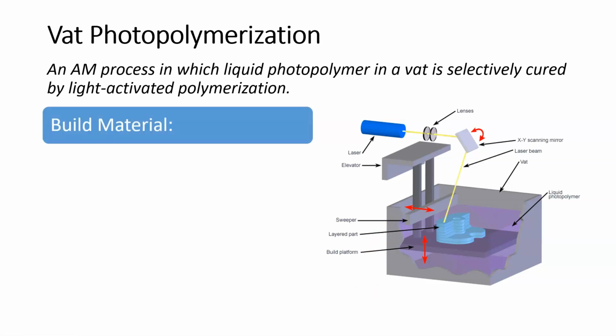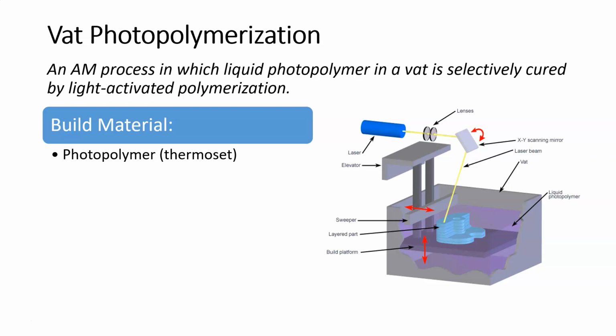The build material for the vat photopolymerization process is going to be a photopolymer, right? A photopolymer is a thermoset. Remember that there are two types of plastics: thermoplastics and thermosets. So a photopolymer is a thermoset. And basically a photopolymer is a special type of plastic that starts out in a liquid state, okay?